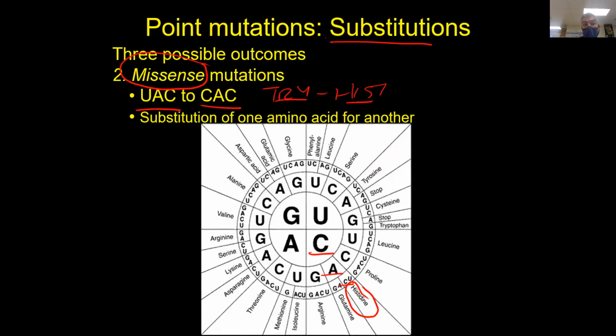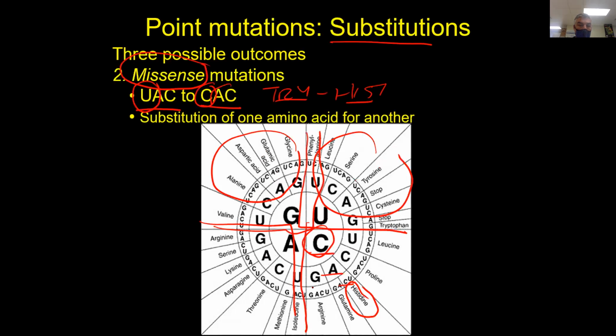But if I substituted the first base, it's often going to be a bigger problem, because if I substitute that first base, I'm going into a whole new quadrant. That first base is going to affect which quadrant I'm in. Not always going to have an effect, but often.